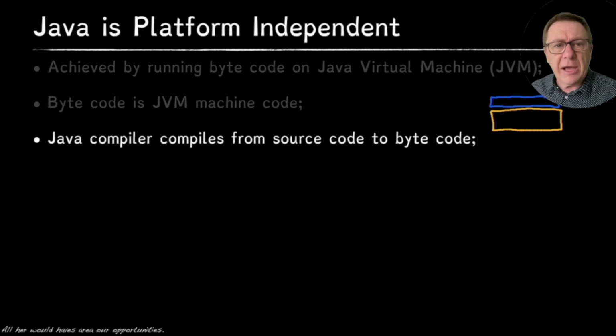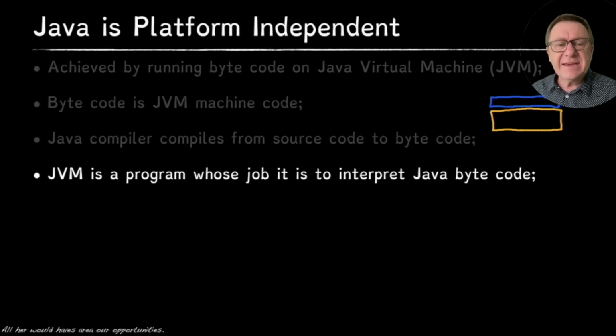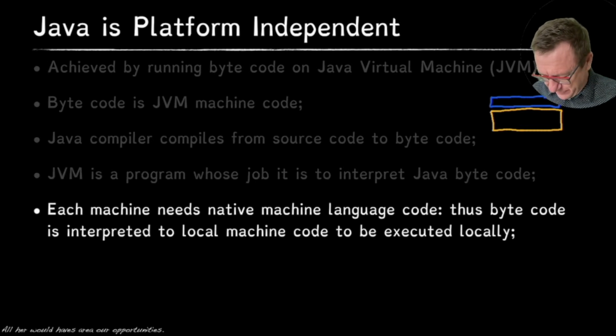So the Java compiler, what it does is it compiles from the source code to our bytecode. And now the Java virtual machine is actually a piece of software. And its job is it interprets and runs the Java bytecode. Pretty straightforward.